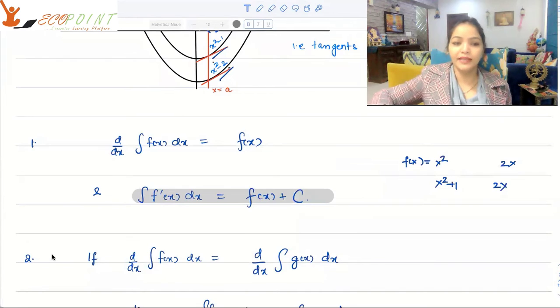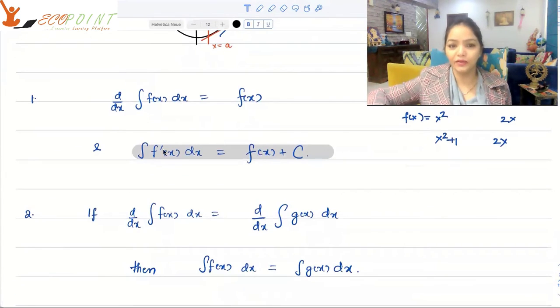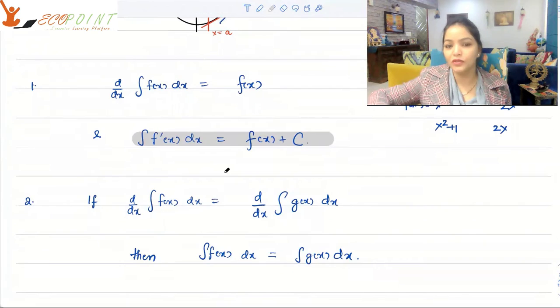This can be extended in the following way. If d by dx of integral f(x) dx is equal to d by dx of integral g(x) dx, that is, if the derivative of the integral of a function is the same as the derivative of the integral of another function g(x), then the two functions have to be the same.